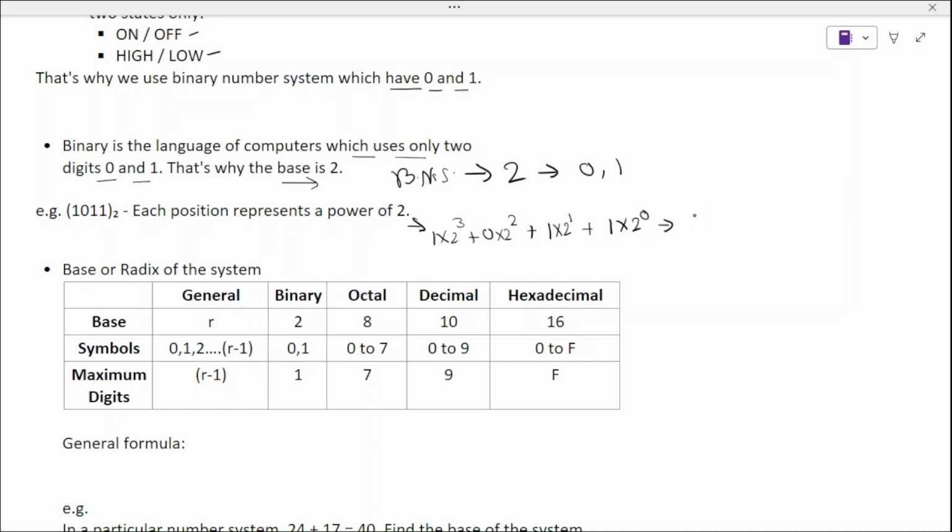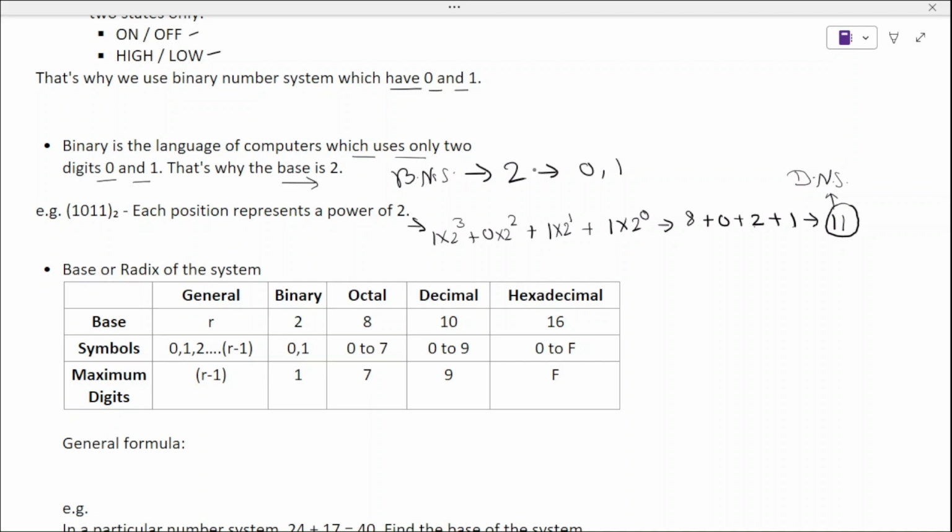You convert this: 2 to the power 3 is 8, plus 0 multiply anything is 0, plus 2 raised to power 1 is 2, and then 2 to the power 0 is 1, 1 multiply 1 is 1. So what is this? 8 plus 2 plus 1, that is 11. So this is 11 in decimal number system, DNS.